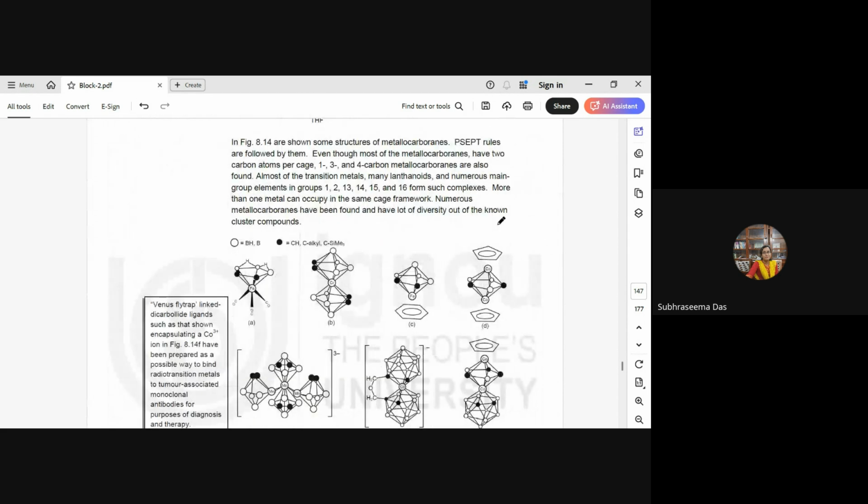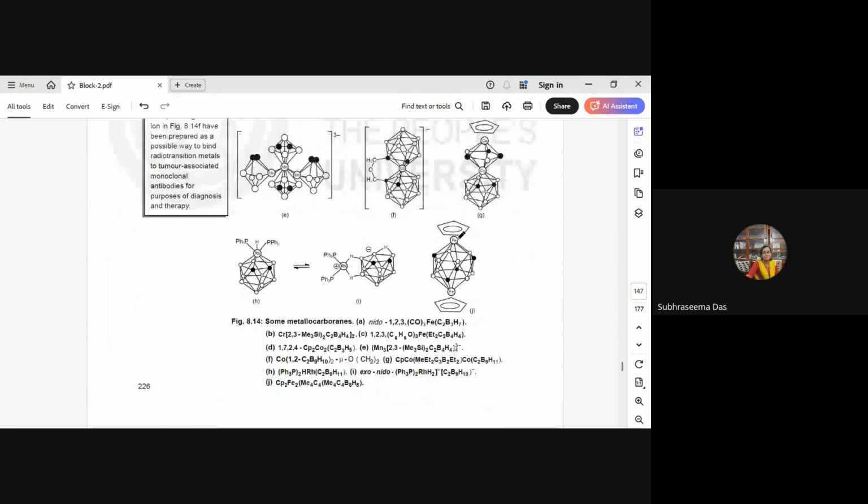The PSEPT rules or Wade's rules are followed by them. Even though most of the metallocarboranes have two carbon atoms per cage, 1, 3 and 4 carbon metallocarboranes are also found. Almost all of the transition metals, many lanthanoids and numerous main group metals form such complexes.